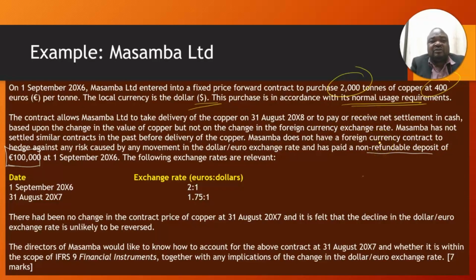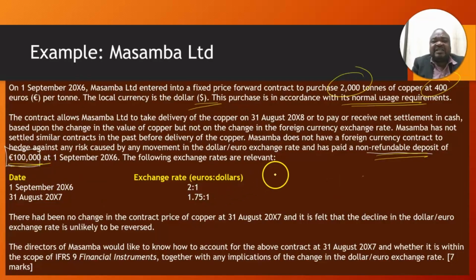Masamba has not settled similar contracts in the past before delivery of the copper, so this was something new to them. Masamba does not have a foreign currency contract to hedge against any risk caused by any movement in the dollar-euro exchange rate, and has paid a non-refundable deposit of 100,000 euros on 1 September 2026.